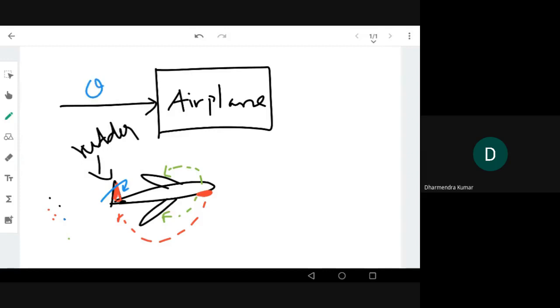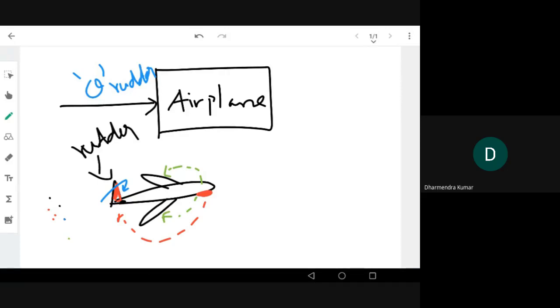So this is the theta in the rudder. I'll write theta in the rudder of the airplane, or theta created by the rudder in radians. Fine. So this is actually controlled by the pilot, which is manually controlled.